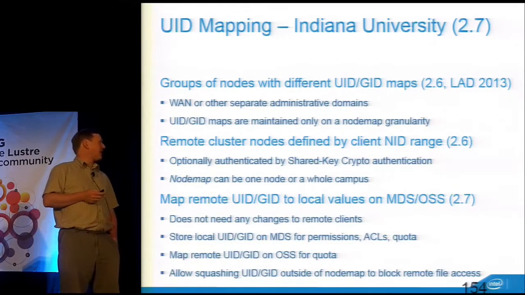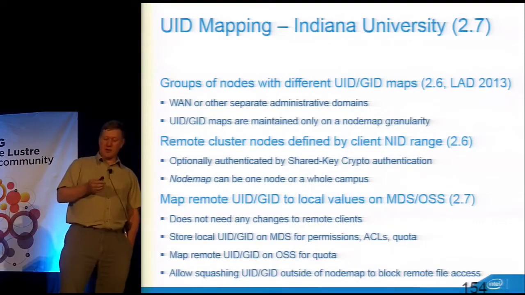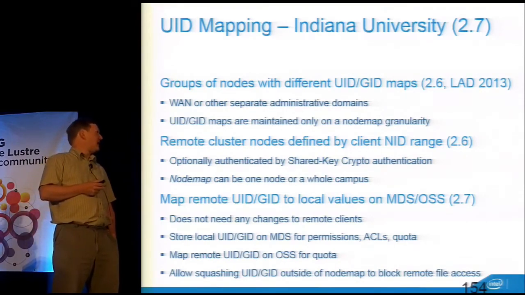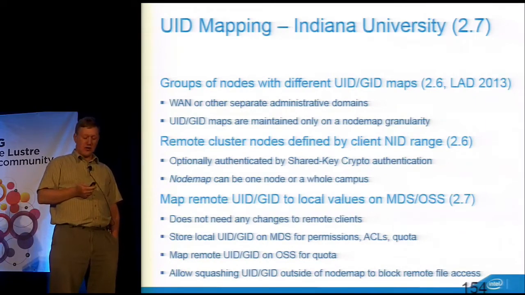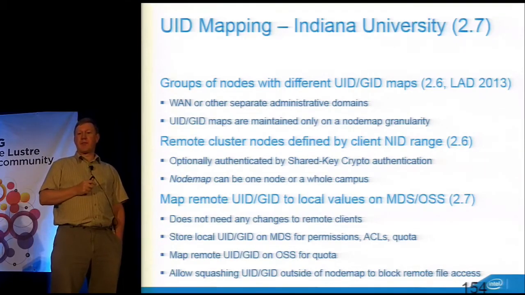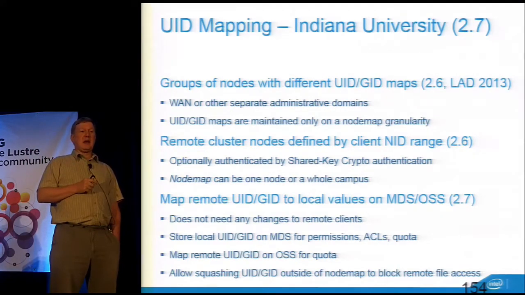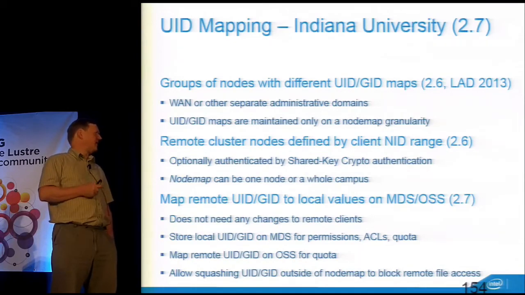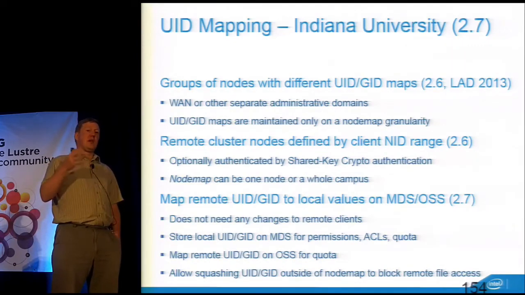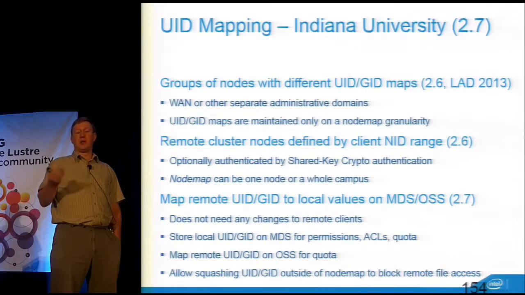UID mapping is a project from Indiana University, and essentially it implements a bunch of quite useful infrastructure. The first one is node maps, which give us a way to group by name some number of clients by their NIDs, and then for each node map, you can instantiate mappings for both user IDs and group IDs.